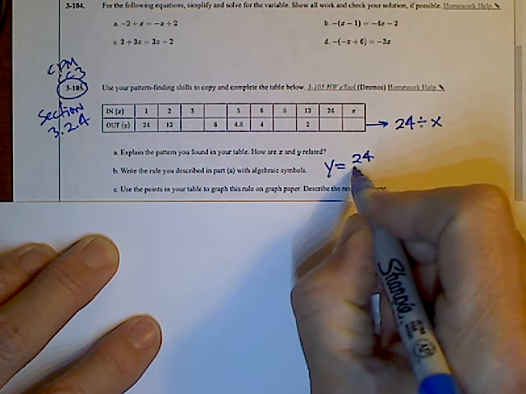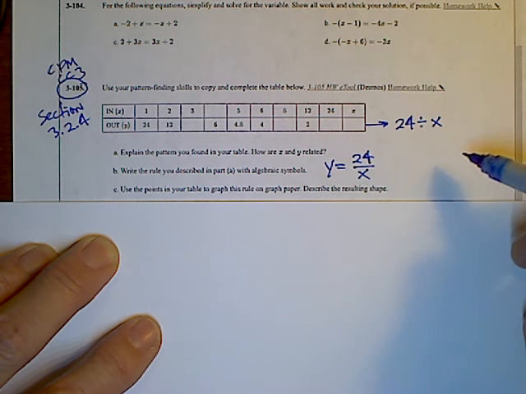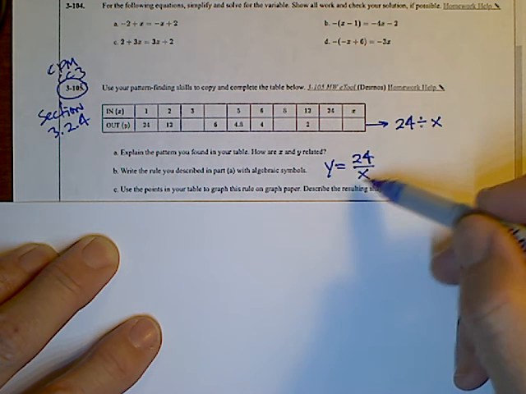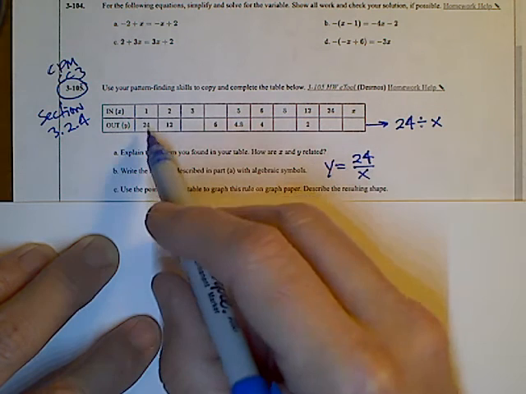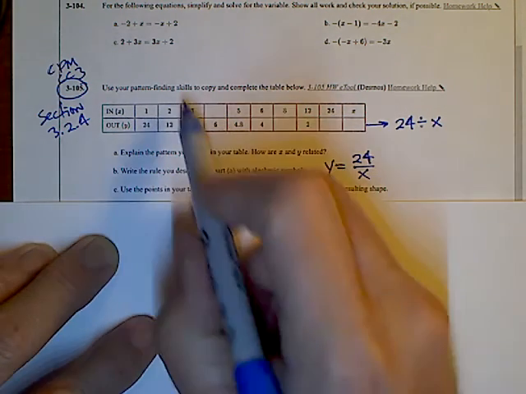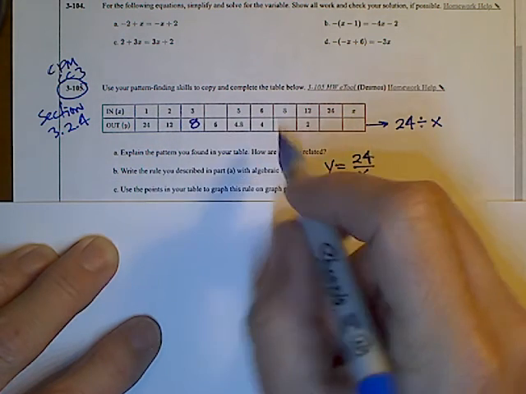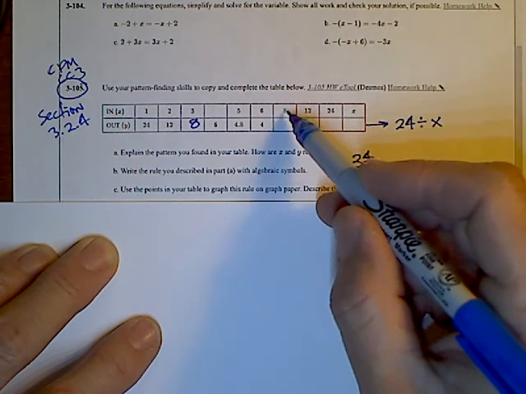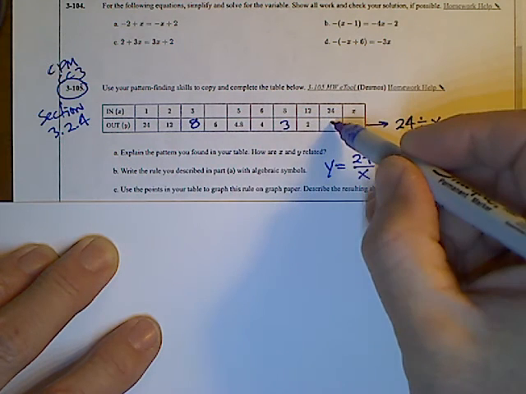What if I take 24 and divide it by my input? 24 divided by 1 is 24. 24 divided by 2 is 12. 24 divided by 6 is 4. 24 divided by 12 is 2. So I think we've got a pattern there.